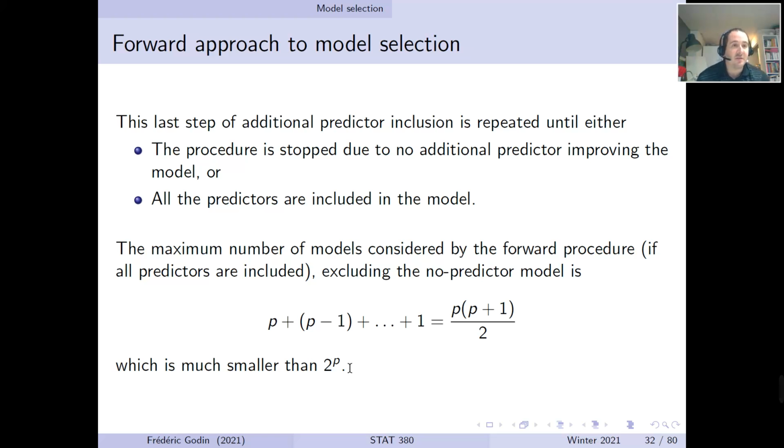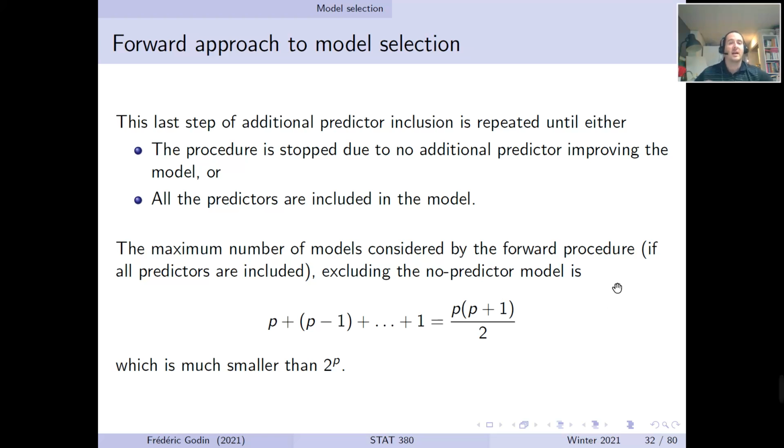The advantage of using that stepwise approach is that you have many fewer combinations of predictors to test than if you try them all. So it's much quicker to compute and determine suitable predictors if you use a stepwise approach. Okay, so it's much faster.